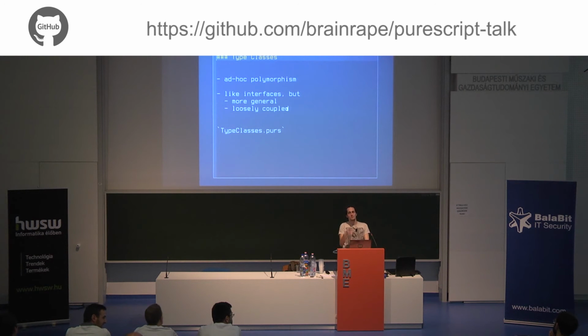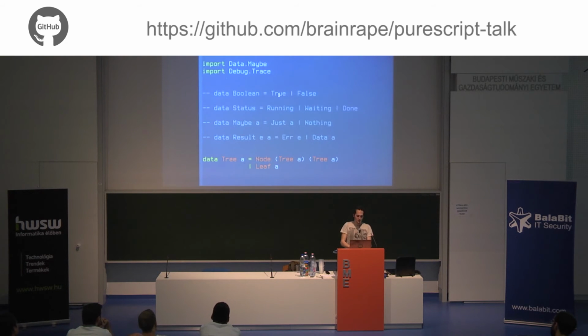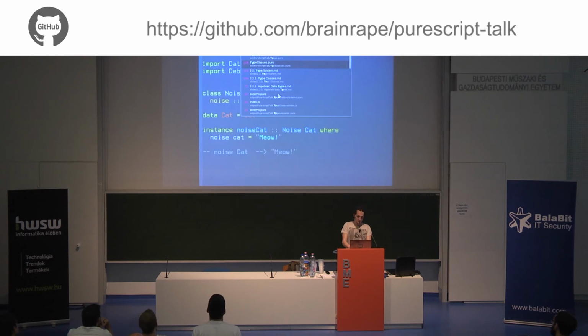You can define functions that have specific types, and then if the function is implemented for a specific type, then you can use it, and you don't need to modify the interface, and you don't need to modify the original type. I'm going to show you just how to do that with type classes.